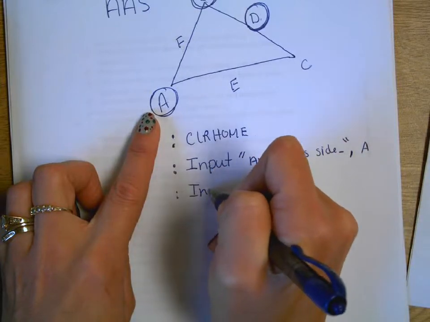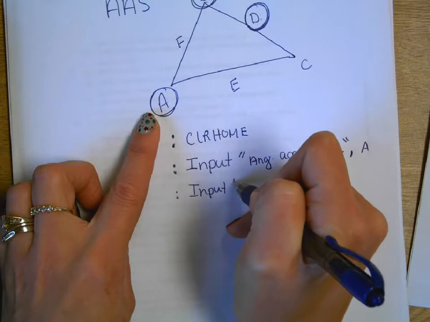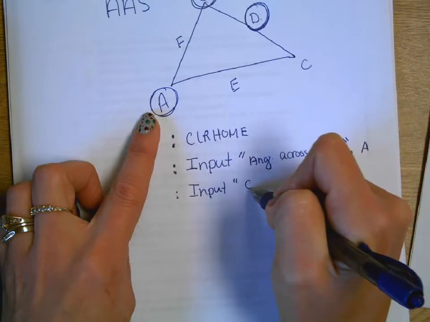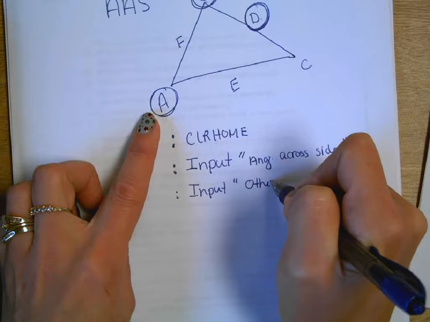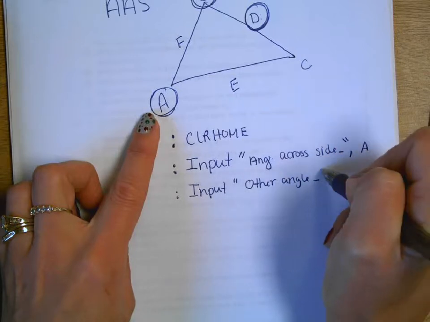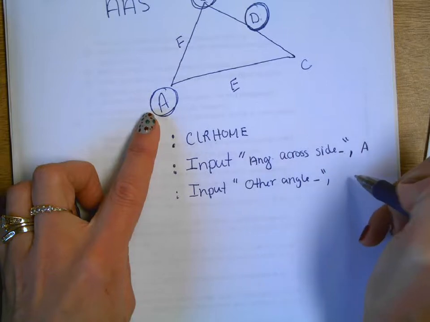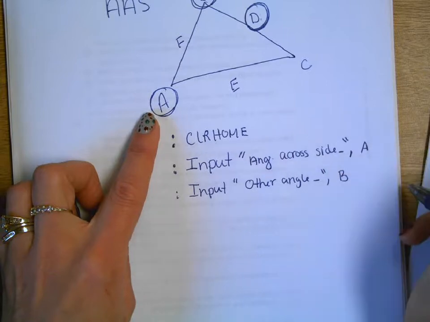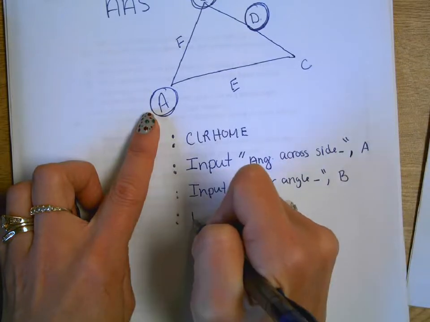Input. How about the other angle? That would be B. And then what's my last input?